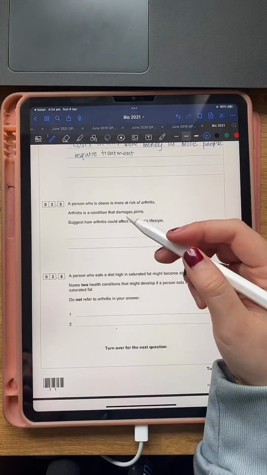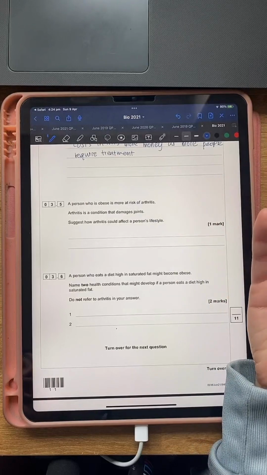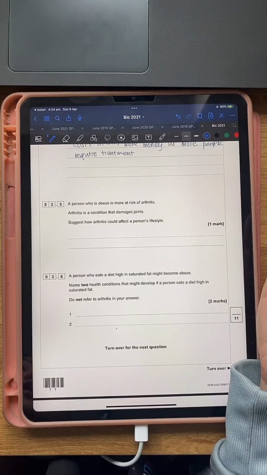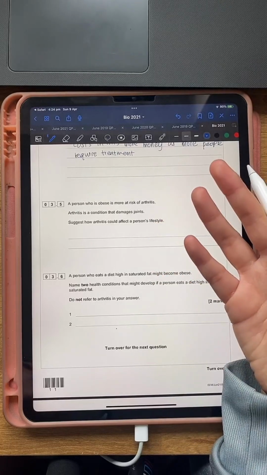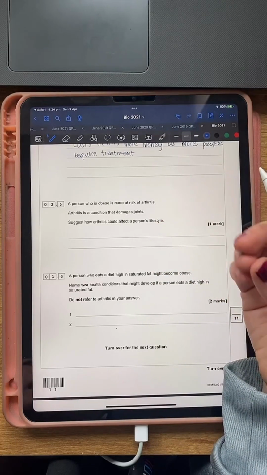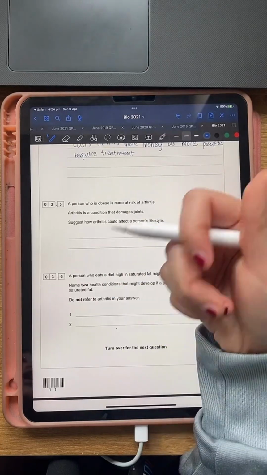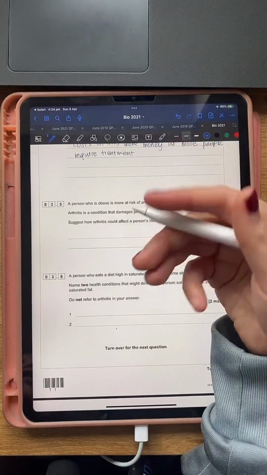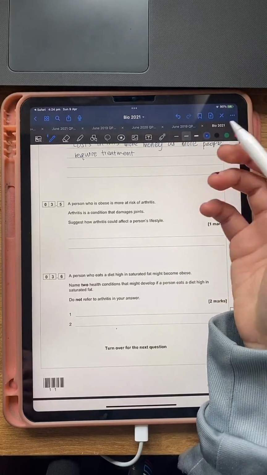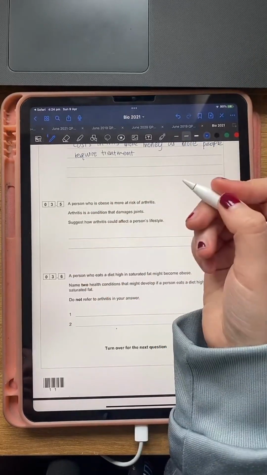Again, this is more of the general one. Some of the impacts include losing job, losing income, mental health impact, things like that. That's more general, so you can say something general here. You can also say something specific if you do know what arthritis is. In this case, it would cause movement issues.